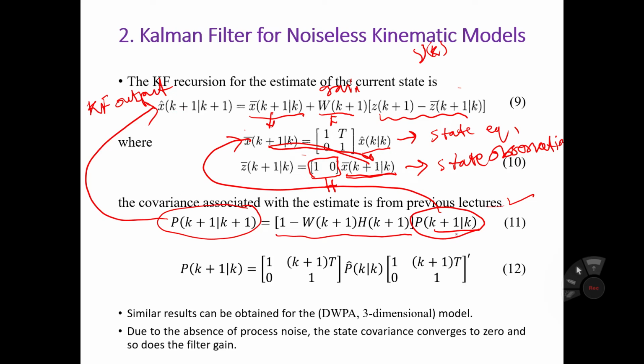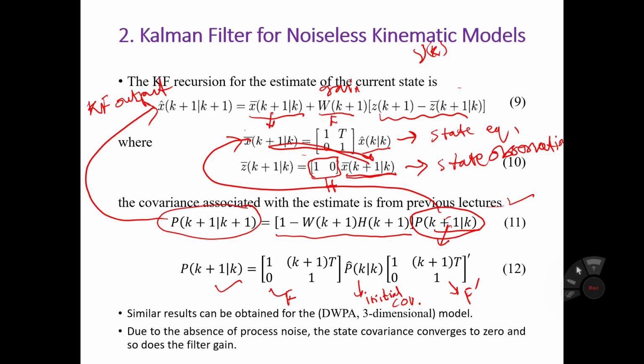And here also, what is p? The state prediction covariance is obtained by using f into the initial covariance, and this is f transpose. Similar results can be obtained for the discrete white process acceleration three-dimensional model.